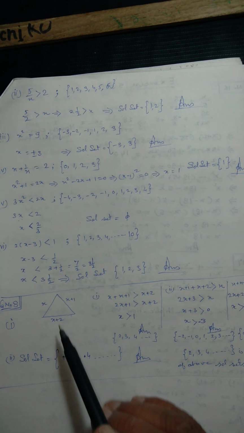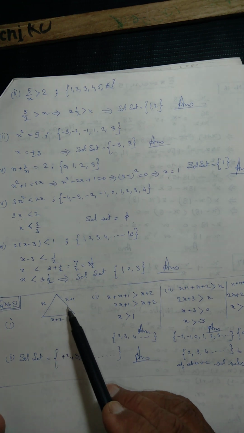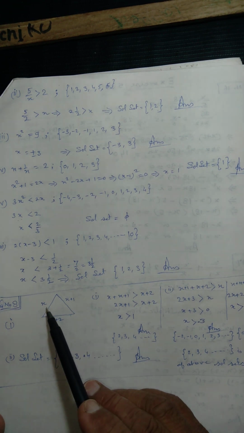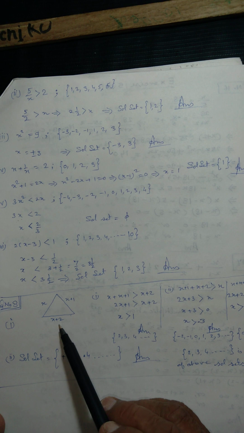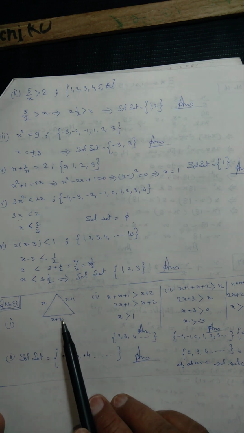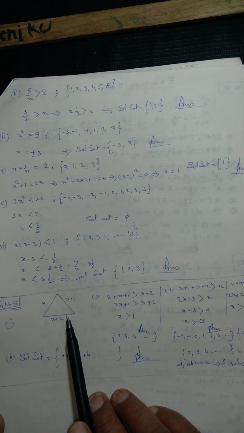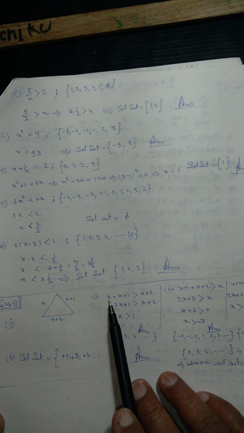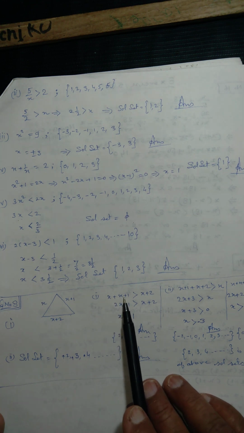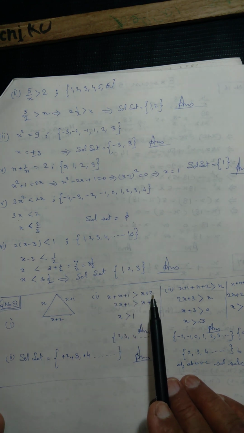Now you see there is one triangle whose sides are x, x plus 1, x plus 2. So as per the statement given, the sum of two sides must be greater than the third side. Here I have mentioned x plus 1 and x should be greater than x plus 2.